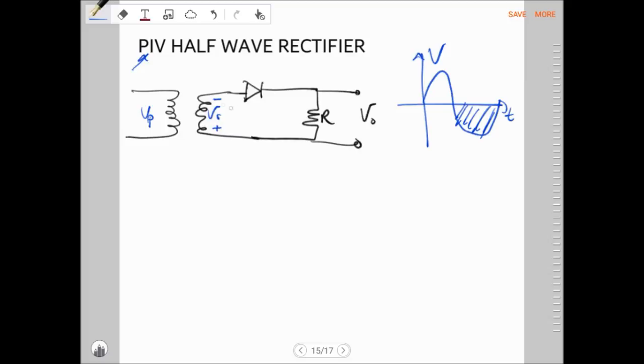Therefore the diode should be in reverse bias.